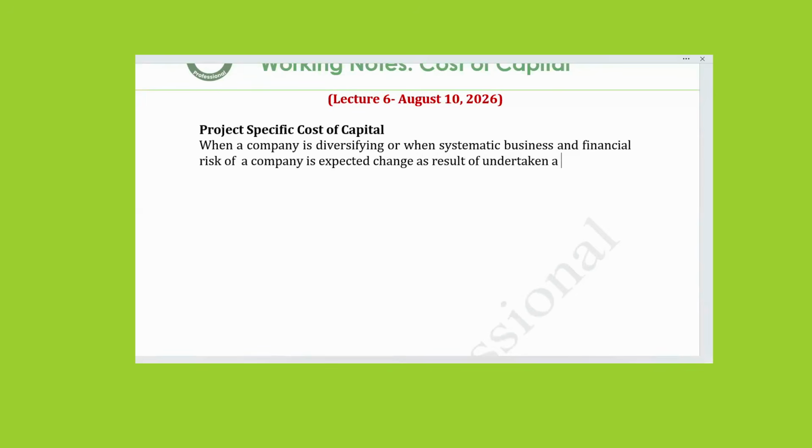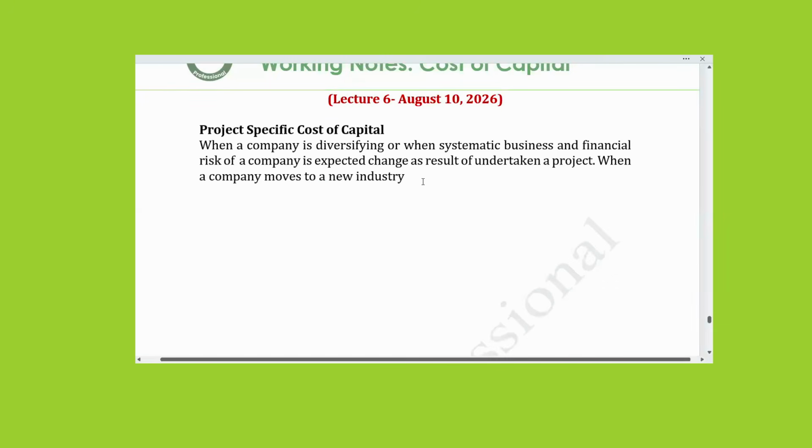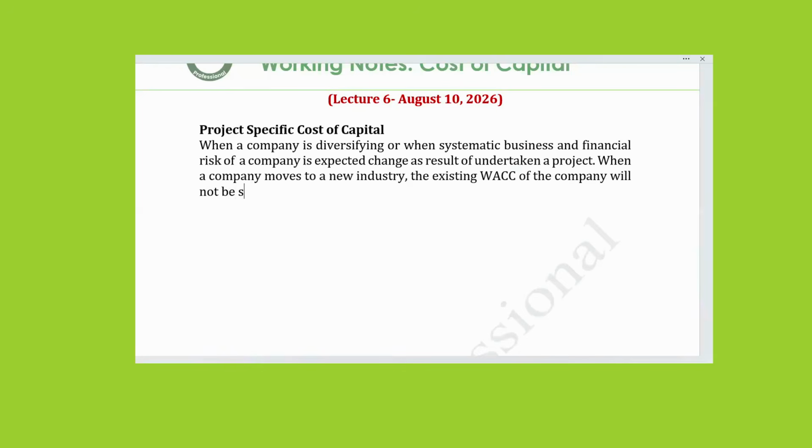So when a company moves to a new industry, the existing WACC of the company will not be suitable to evaluate projects in the new industry.